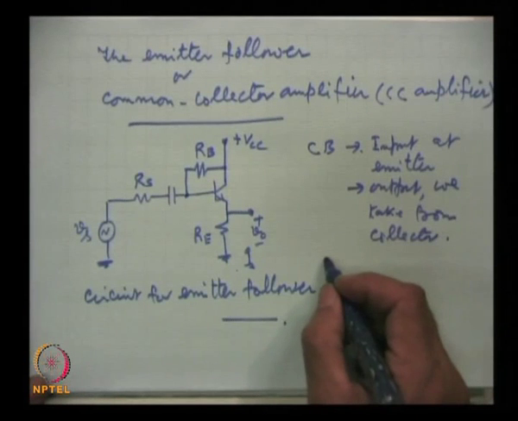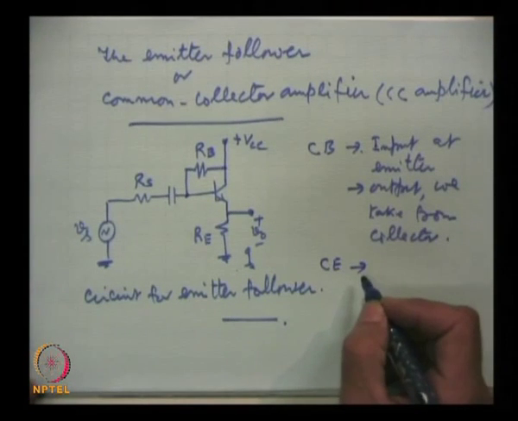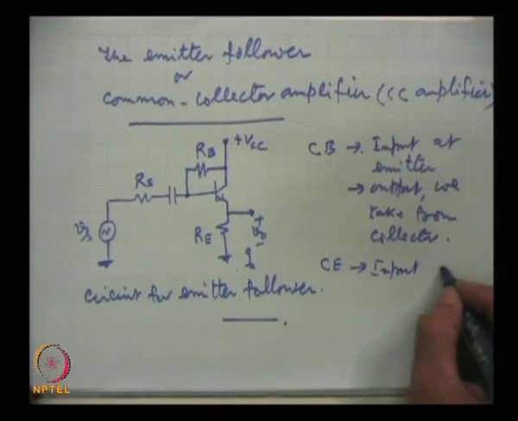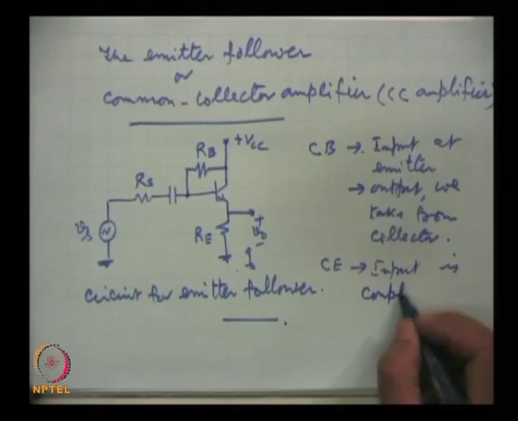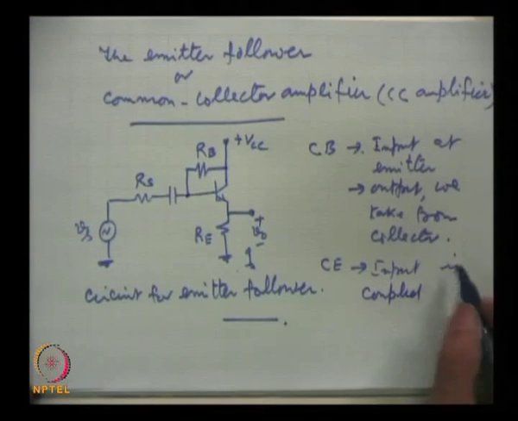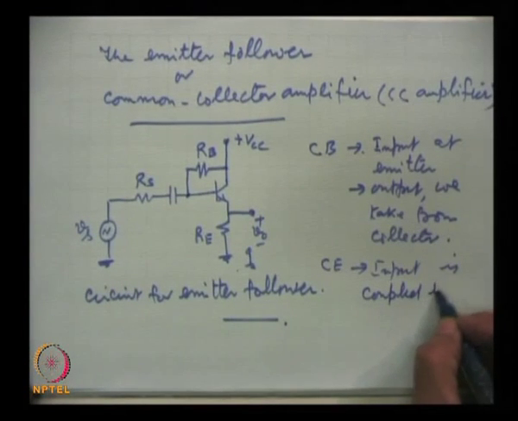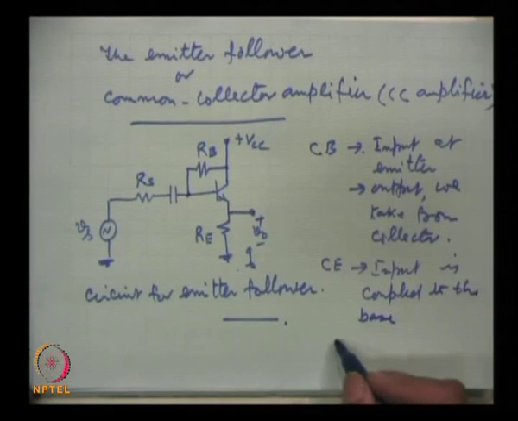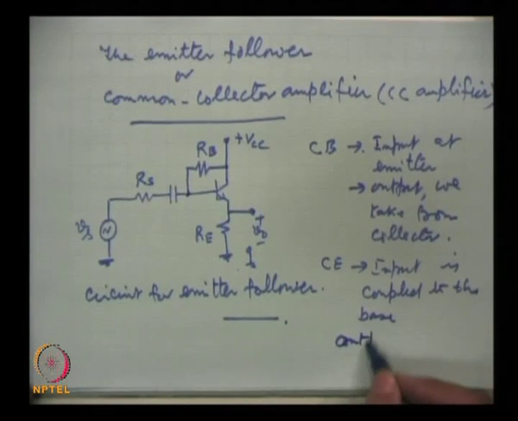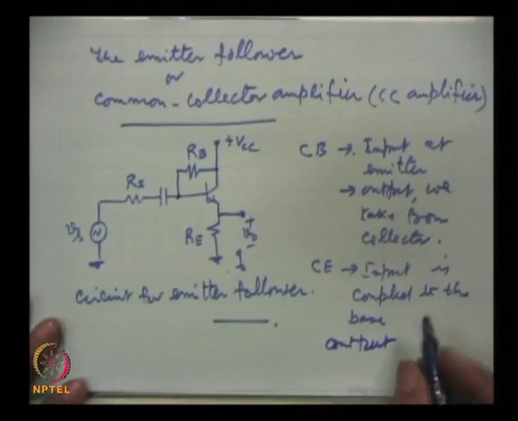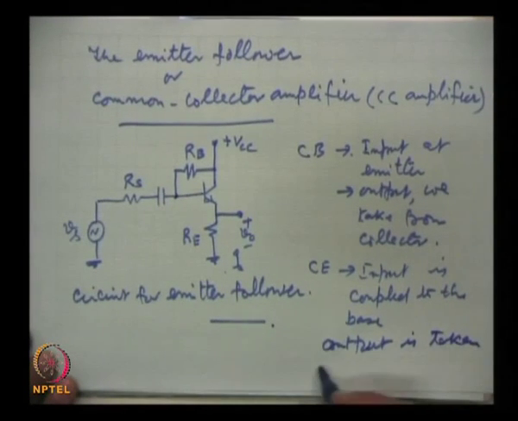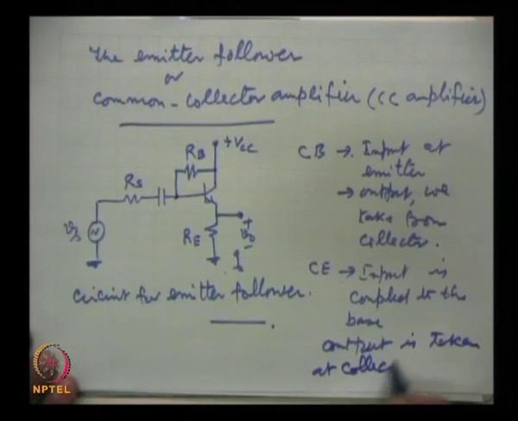In the common emitter amplifier, the input is coupled to the base and the output is taken at the collector.